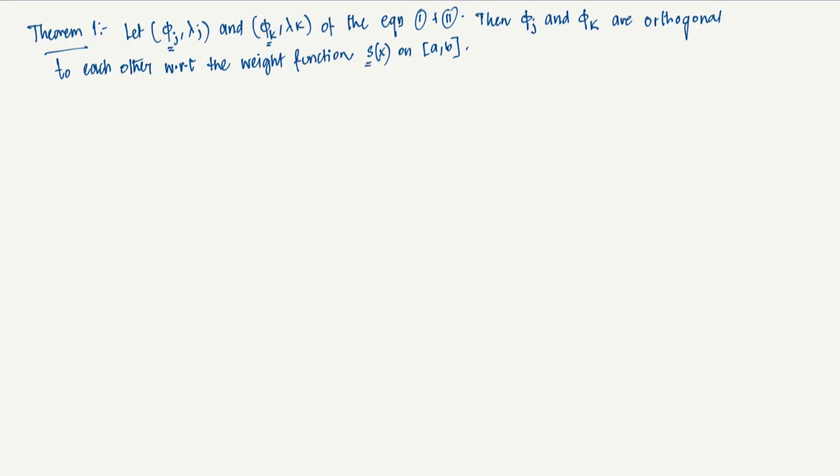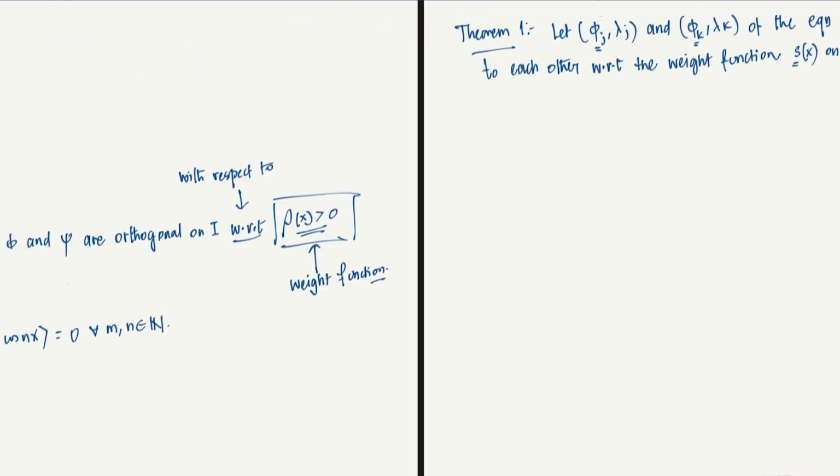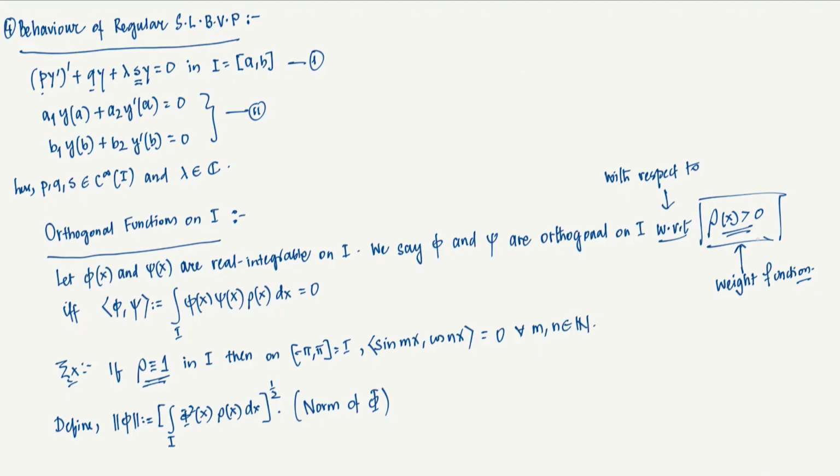Is that clear? Now if I am writing something like this, then s of x has to be positive. The weight function is positive all the time. If you remember, while doing the problem we assumed that s is positive. So let's just put this assumption; this is an extra assumption, that s is positive. I hope this is clear.